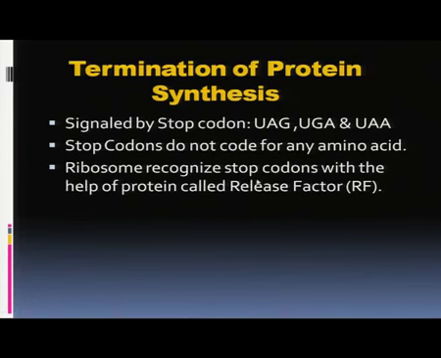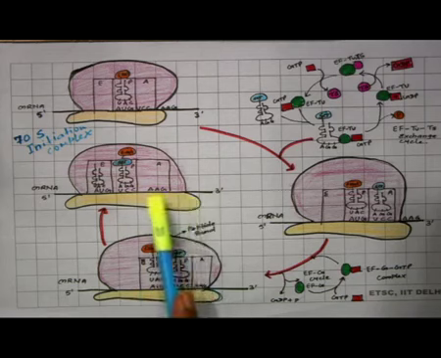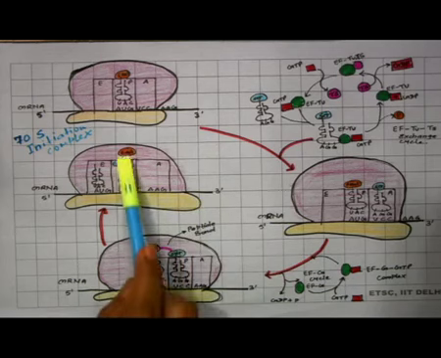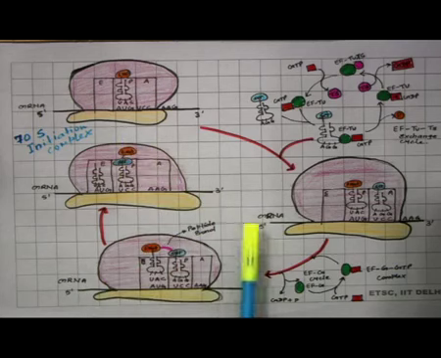The ribosome recognizes the stop codon with the help of a protein called release factor. When the ribosome moves ahead and ahead towards the 3 prime end, the chain of amino acids will be elongated.